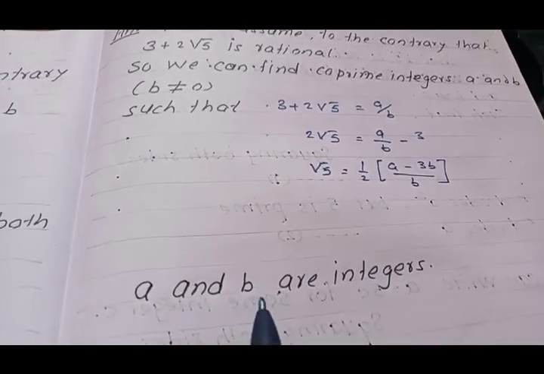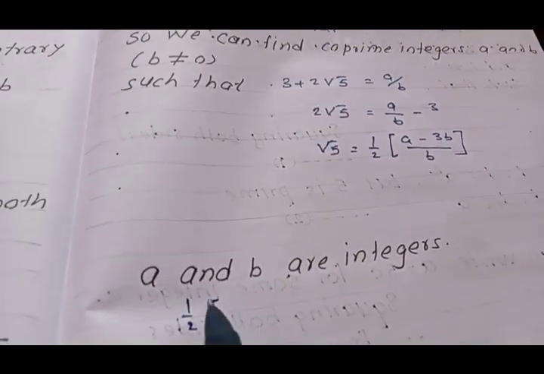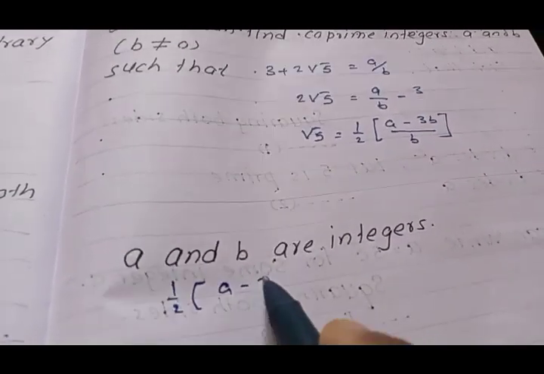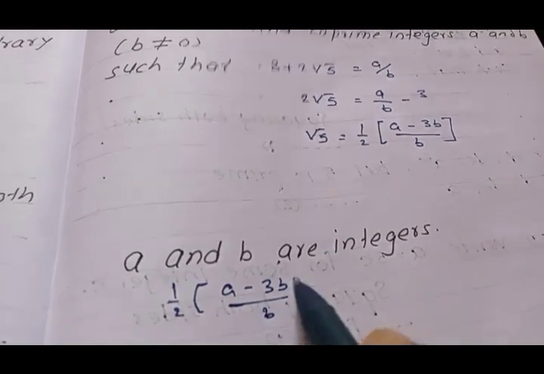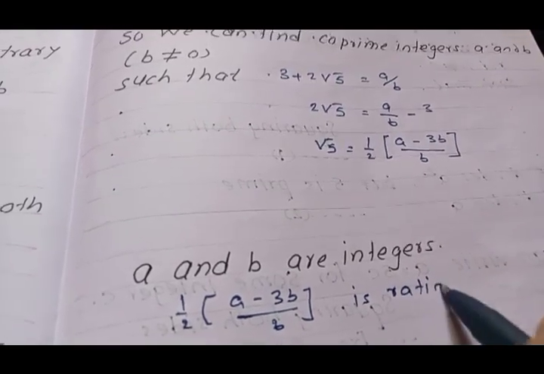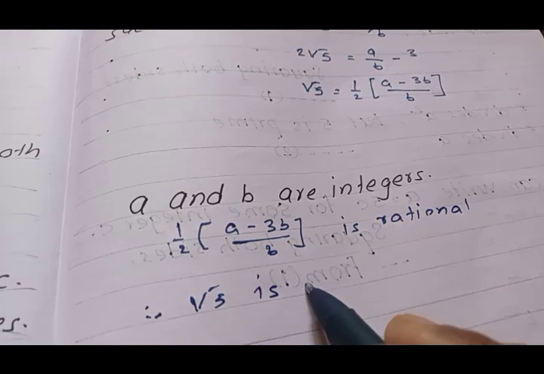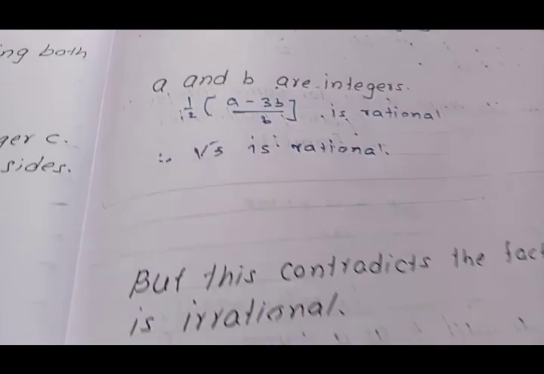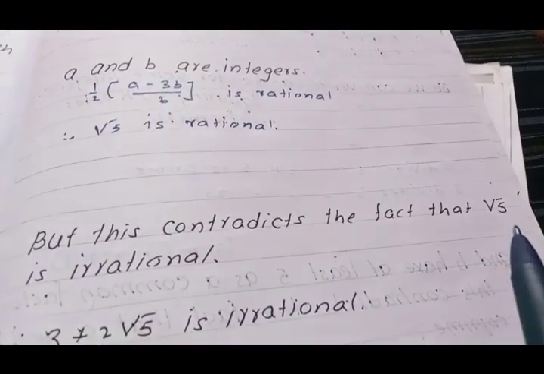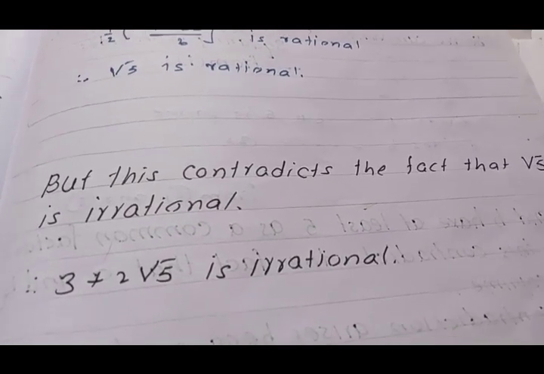Then a and b are integers, so 1 upon 2 into (a minus 3b) upon b is rational. Therefore, √5 is also rational. But this contradicts the fact that √5 is irrational. Therefore, 3 plus 2√5 is irrational.